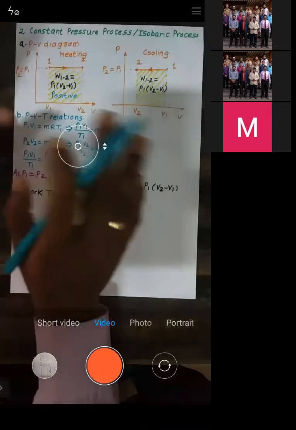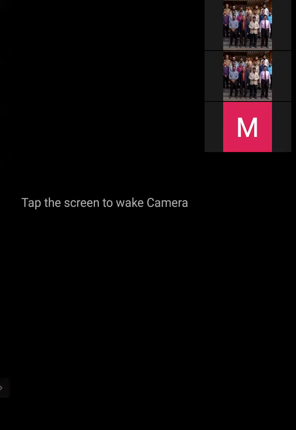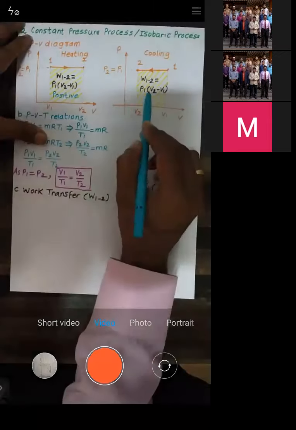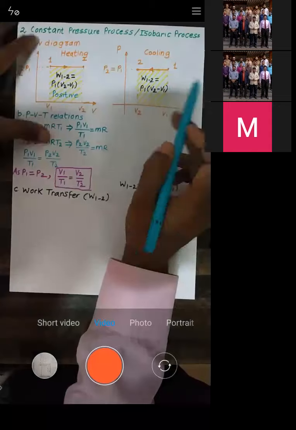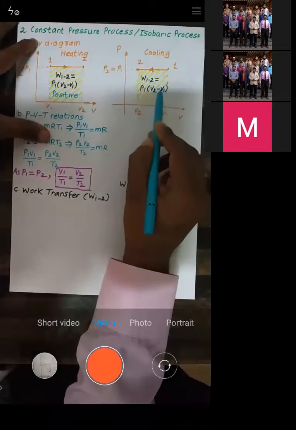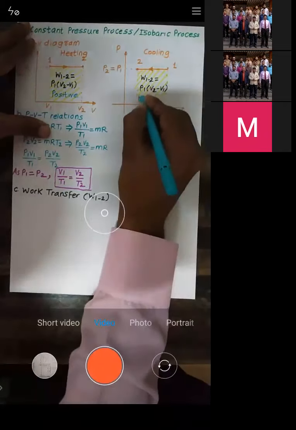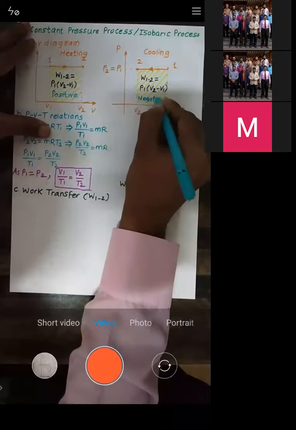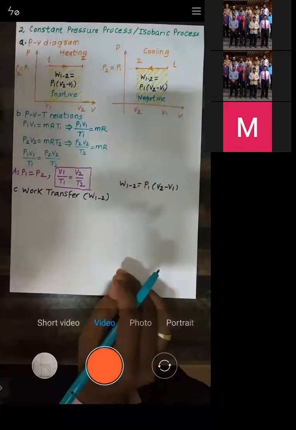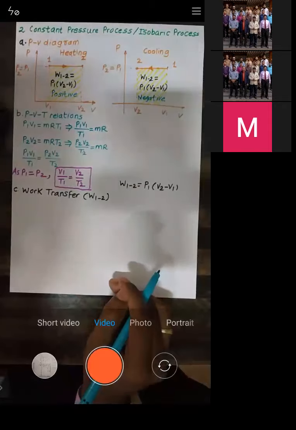Final volume is V2, initial volume is V1. Similarly here, final volume is V2, initial volume is V1. But here the final volume is less than the initial volume, V2 is less than V1, so this term you will get as negative. Is it okay?